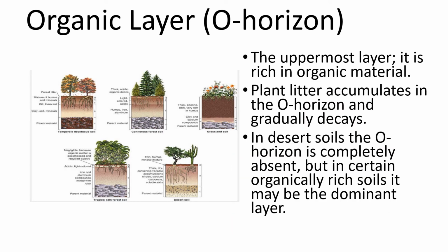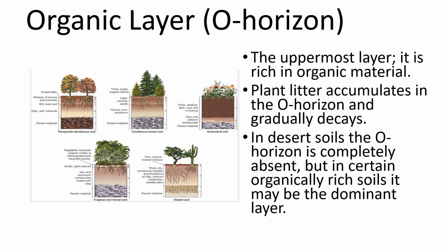So the O layer, like I said, is the uppermost layer. It's super rich in organic material. We call the organic material in soil humus. Humus, not hummus. It's not a delicious chickpea spread, but it's a nice, dark, rich organic matter.